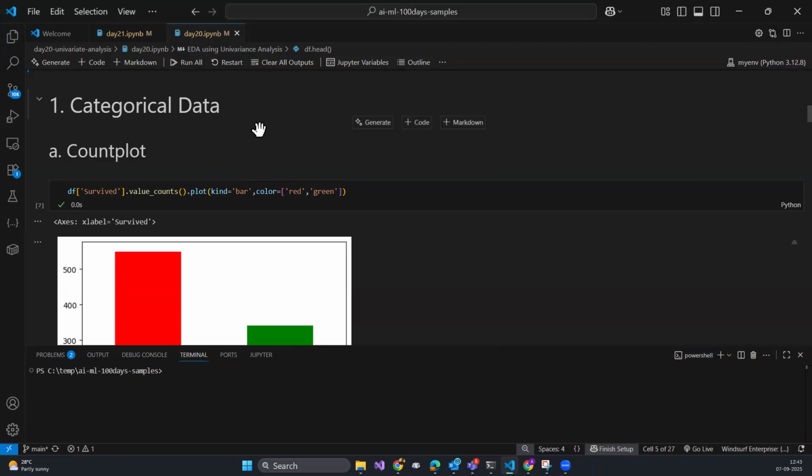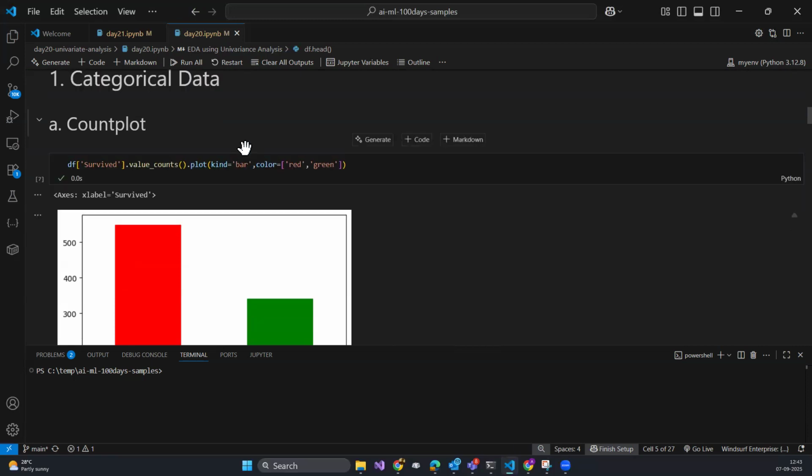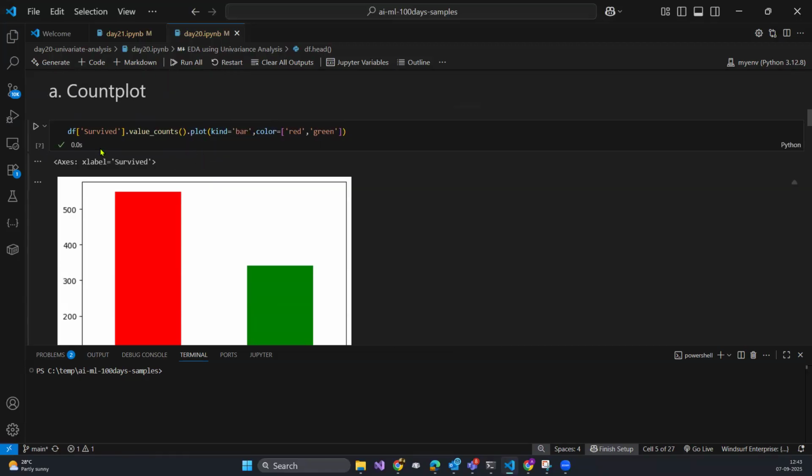First we will understand how to do categorical data analysis. Categorical data represents things like pass, fail, survived, not survived, male, female, right? On those we can perform univariate analysis.